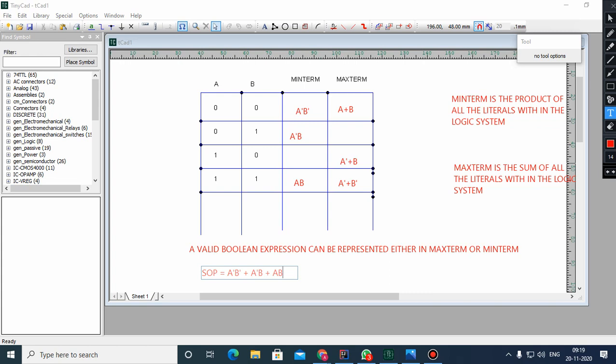So there are two types of expressions, either SOP or POS. SOP stands for sum of products, whereas POS stands for product of sums.